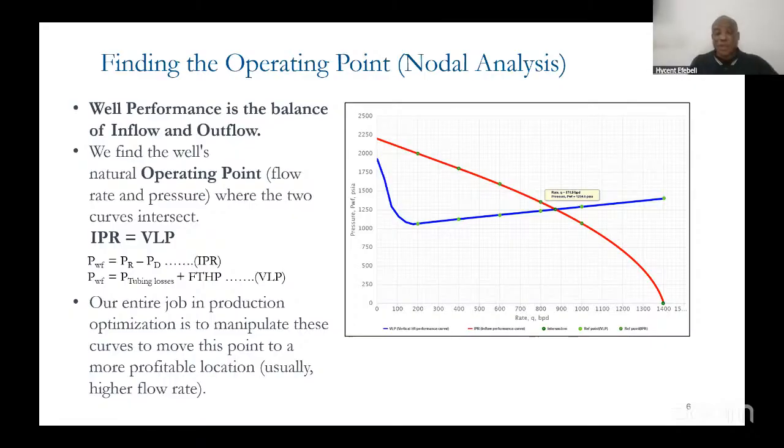Then in terms of the vertical lift performance, we want anything that will help you move it downward. For instance, gas lift helps you move it down a bit. That will also help you increase your rate. So those are the things that we are doing in terms of production performance optimization.